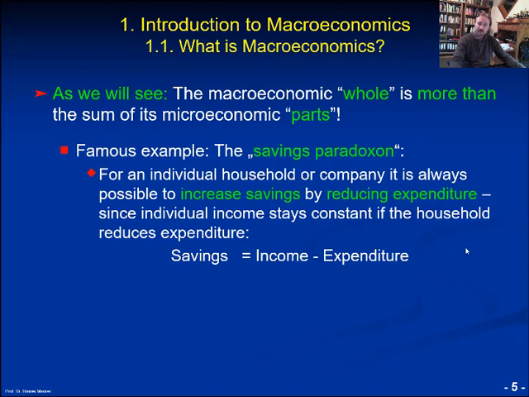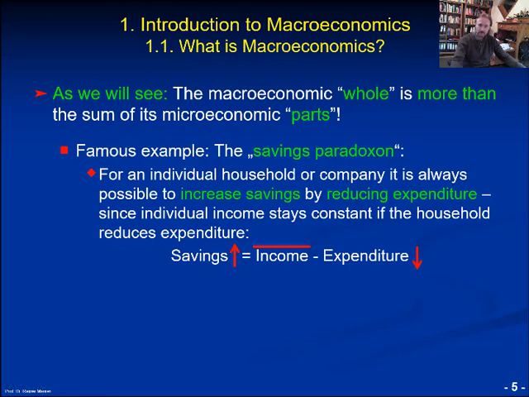Now it's easy to see that if we reduce our expenditures and income stays constant, our savings automatically get larger. So for an individual household, it is always possible to increase savings by reducing expenditure.